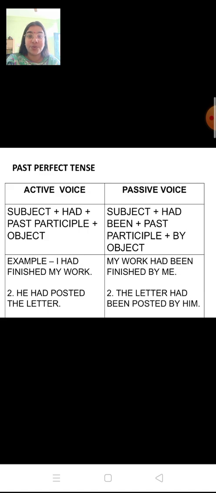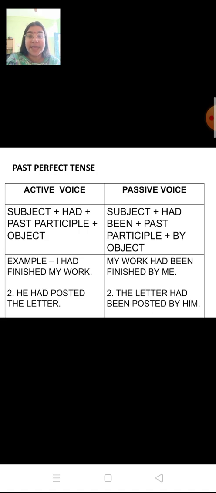Now we know that the object in active voice will become the subject in passive voice. Here my work is the object and it will become the subject in passive voice. So the sentence will start with my work: my work had been finished by me. I is the subject in active voice, and when it is changed into passive voice, it becomes me.